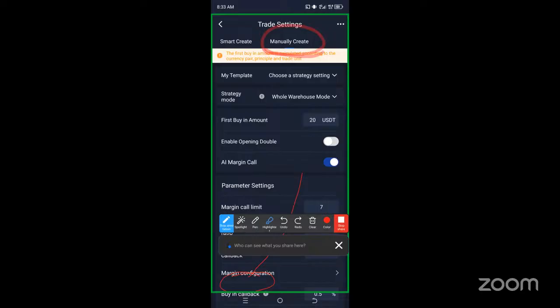How do you know that we are on manually create? You just come and see the small blue line which underlines this word manually create. When you see that blue line which underlines manual create, you will know that you are already on manual create.